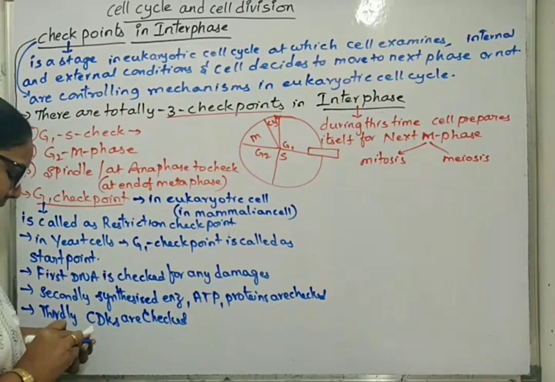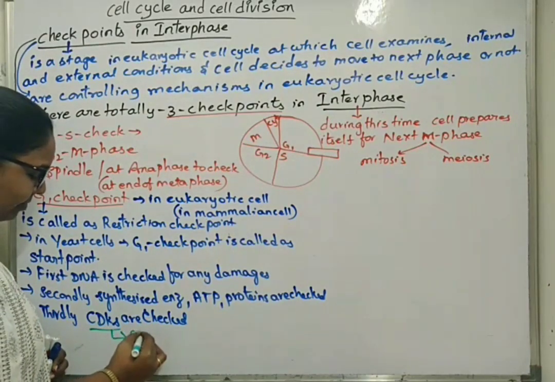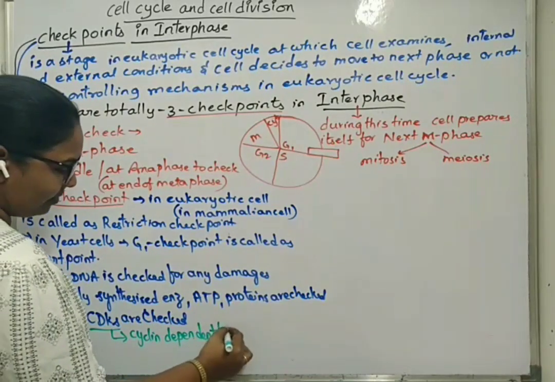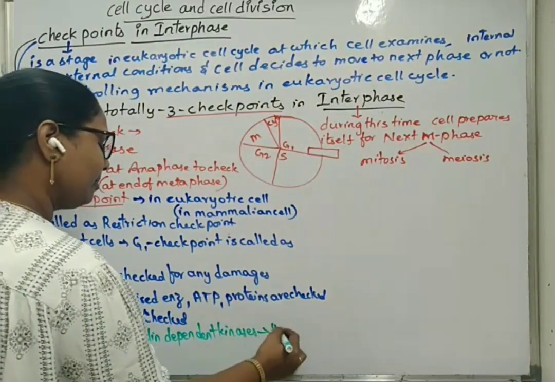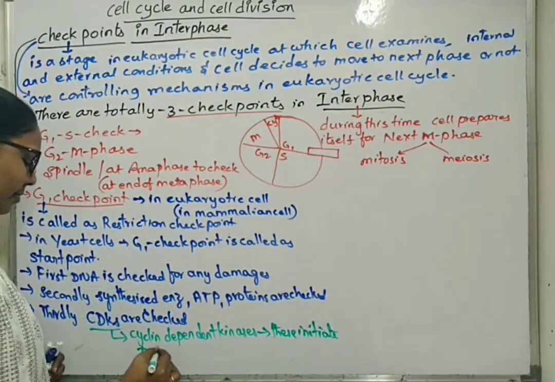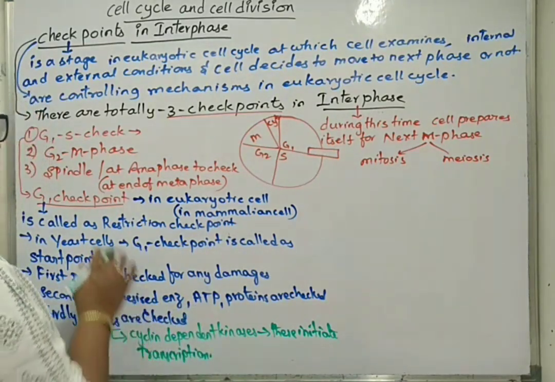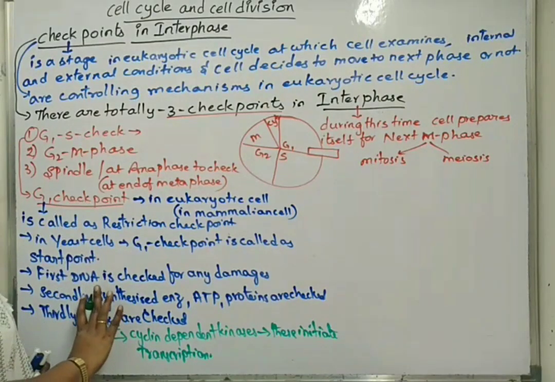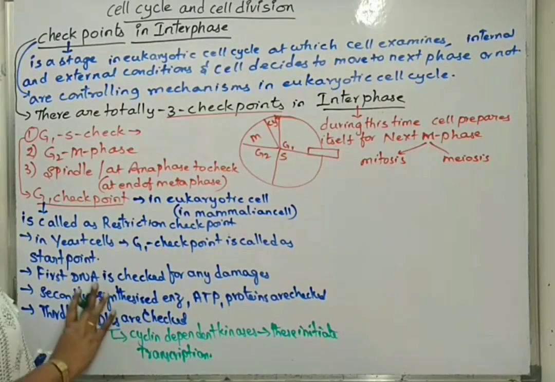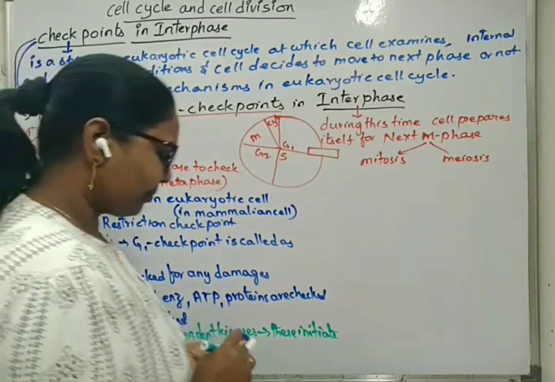What are CDKs? Cyclin dependent kinases. These are used as initiators for transcription. When the cell finds that each and every important substance is perfectly and completely formed, then only will the cell move into the next S phase.